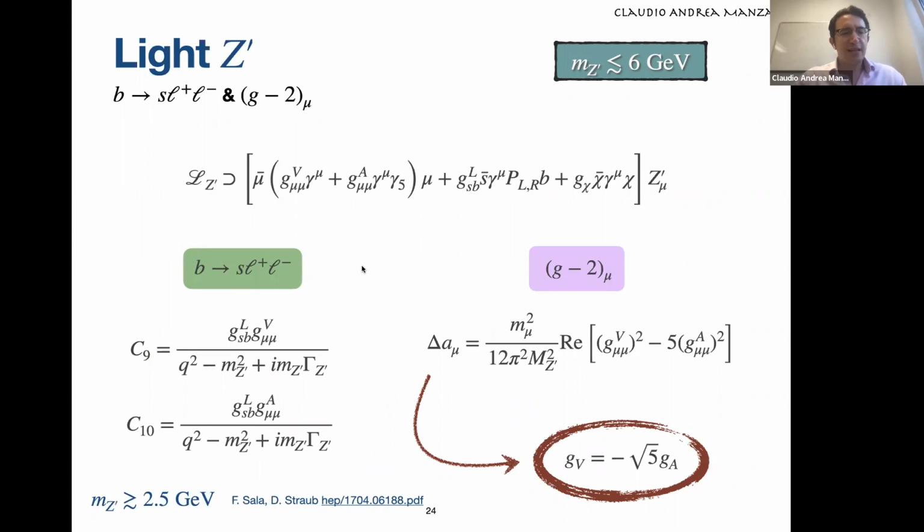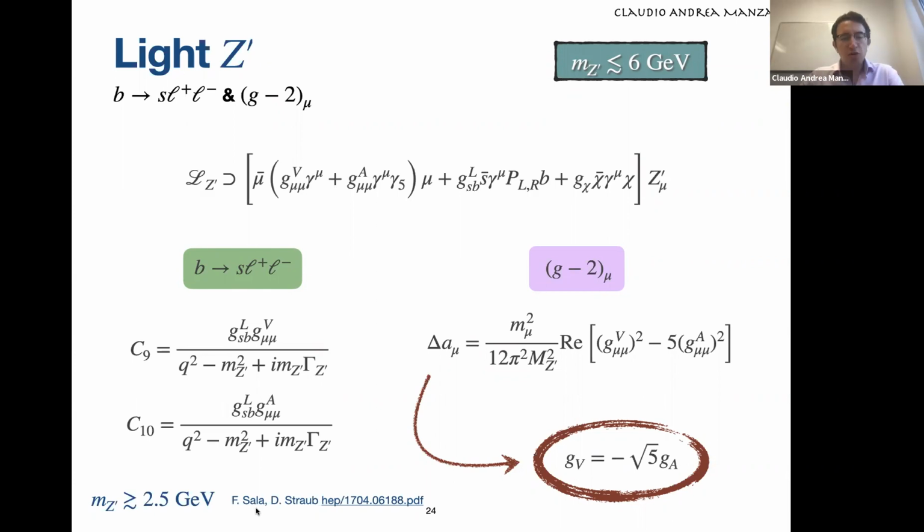So let's start from B2SLL. Here we have an effect in C9 and an effect in C10, proportional to the vectorial and the axial vector coupling of the Z prime to muons. And in addition, as you can see here, and as I said at the very beginning of this talk, we have to keep the Q-square dependence in the propagator of the Z prime, and also here the dependence on its width.